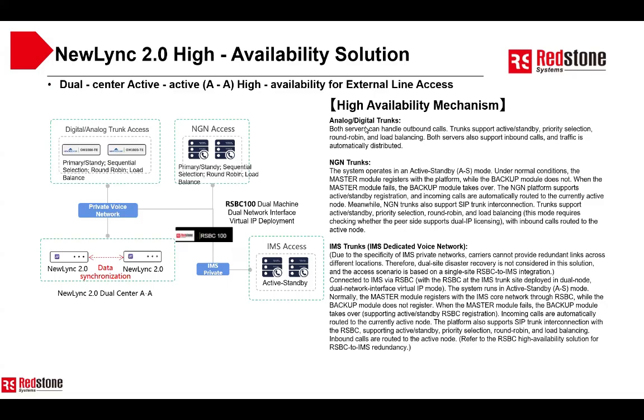Finally, let's address a key challenge, the limitations of dual site deployments of the IMS. As I just introduced, you may understand what will happen in this scenario, because IMS cannot simultaneously allocate resources across two geographically separate sites.